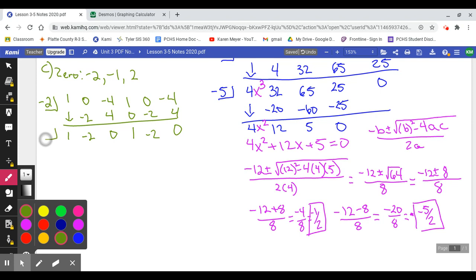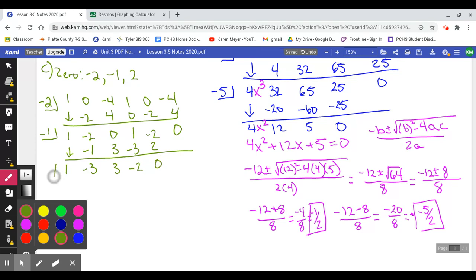So now I'm going to do my next one, which my next 0 is negative 1. So synthetic division again with -1. Drop my first term, multiply, add, multiply, add, multiply, add, multiply, and you better get a remainder of 0, which we did.